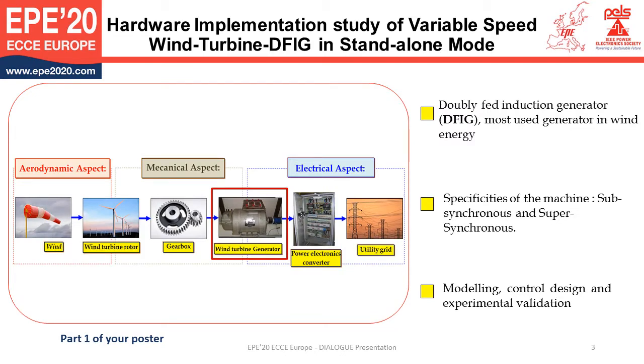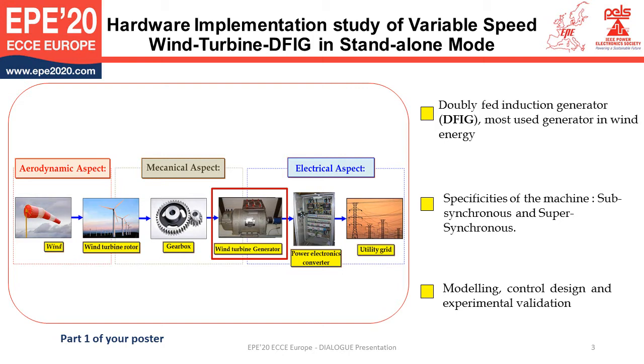In the left side we have the wind system picture, which is based on 3 aspects: aerodynamic, mechanical and electrical aspects. So the first choice is DFIG generator. We choose this generator because the rotor needs only 30% from the rated power, and we have also the mode of the generator, which depends basically on the wind speed variation.